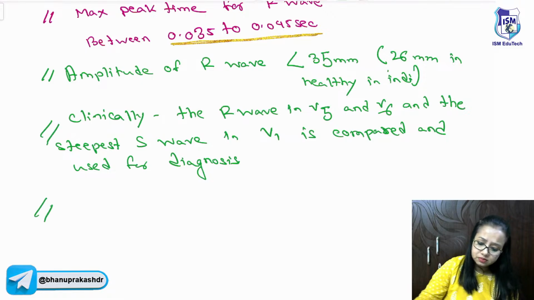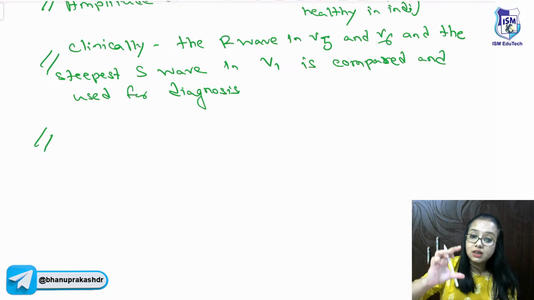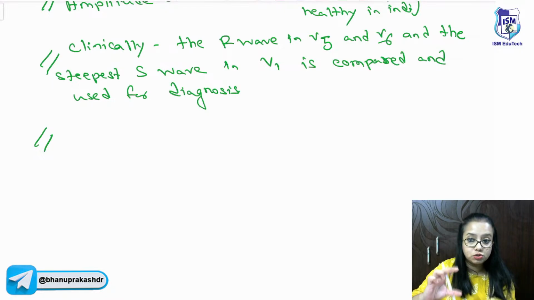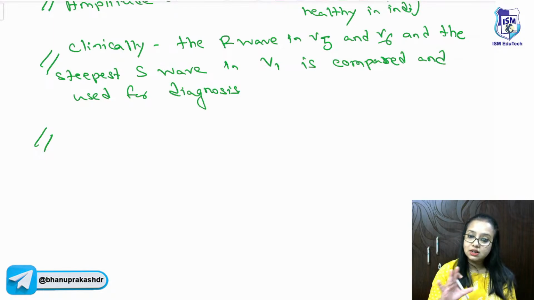In most normal conditions, if you sum the amplitude of the S wave in V1 and the amplitude of the R wave in V5 or V6, it should never be more than 35 mm, vertically. If it is less than 35 mm, then it means the cardiac function and the electrical activity are normal.